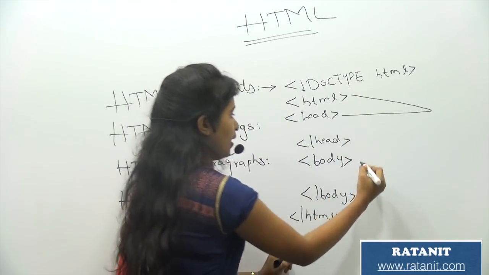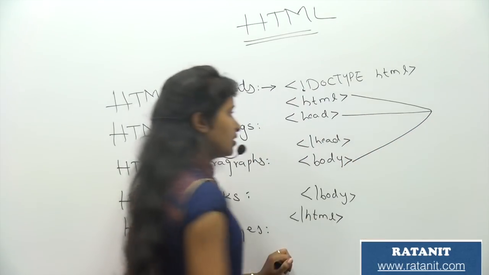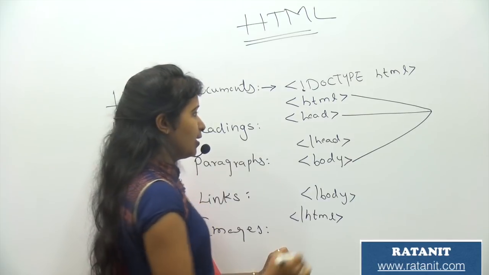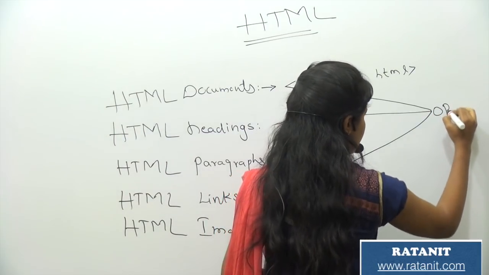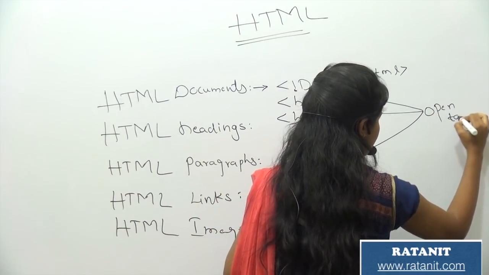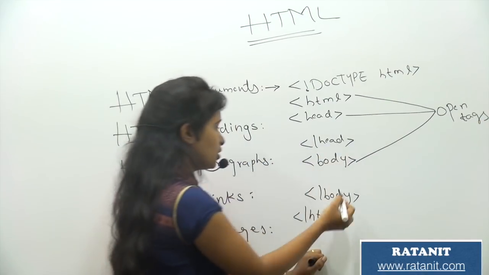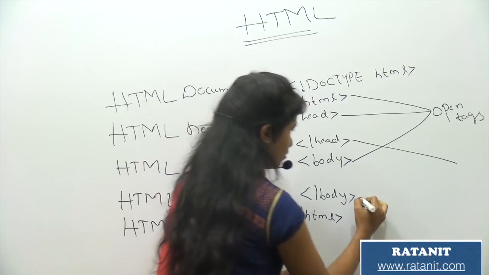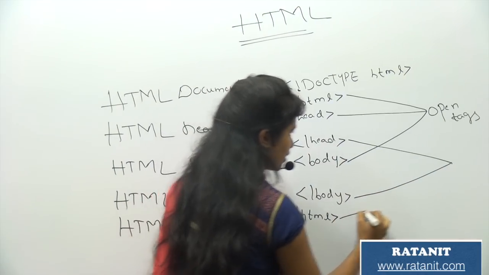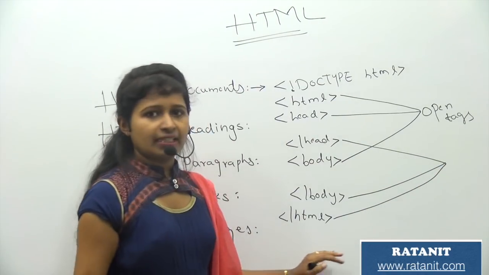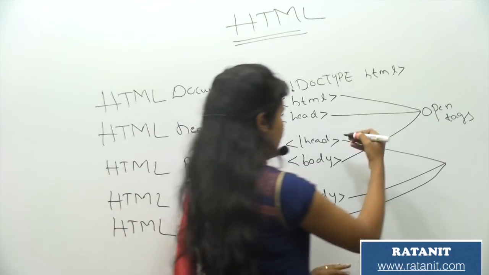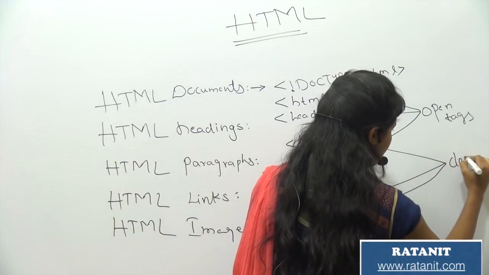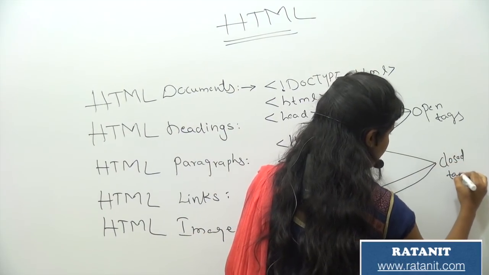head, HTML head and this body, these three are the open tags, and I'm closing this one, and I'm closing HTML also. These three are the closed tags. Why?